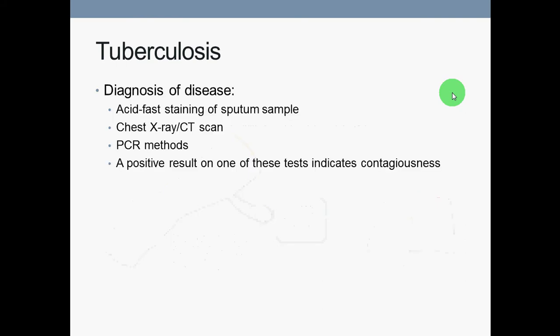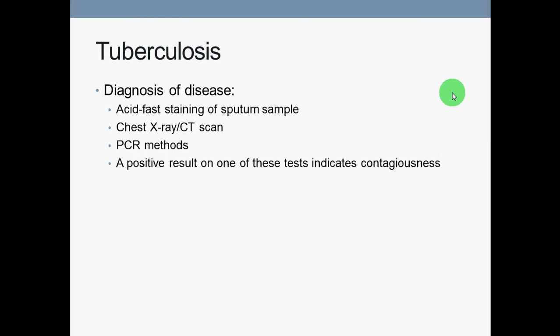Okay, the way that we can diagnose actual disease, active disease, and therefore contagiousness, is by directly doing an acid-fast stain of a sputum sample. Sputum is not just the mucus that comes out of your nose, and it's not the saliva that comes out of your mouth. Sputum is the fluid that is coughed up from deep within your lungs.